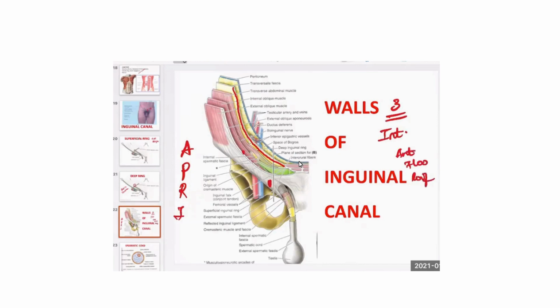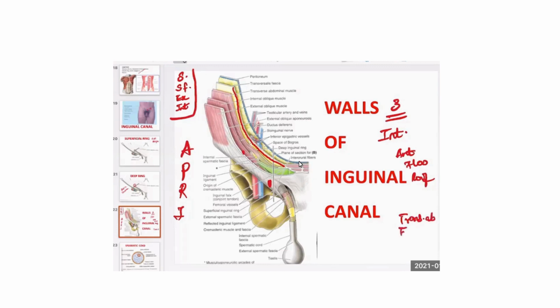Should I repeat once again or shall we move on to the next one? Should I repeat inguinal canal? Yes. Anterior wall is formed by skin, superficial fascia, two muscles, external oblique and internal oblique. This is anterior wall. Posterior wall is formed by the innermost muscle, transversus abdominis muscle.